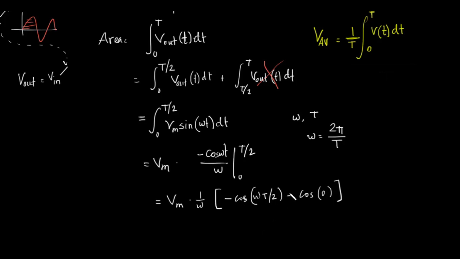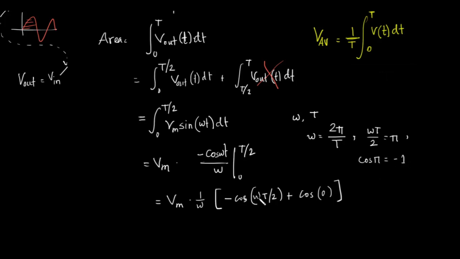Oh, sorry, this will be plus since there is a minus here. Now we know cos 0 equals 1, and if omega equals 2 pi over T, then omega T equals 2 pi and omega T by 2 equals pi, and cos pi equals minus 1. So I will write the things that we are using: cos pi equals minus 1.